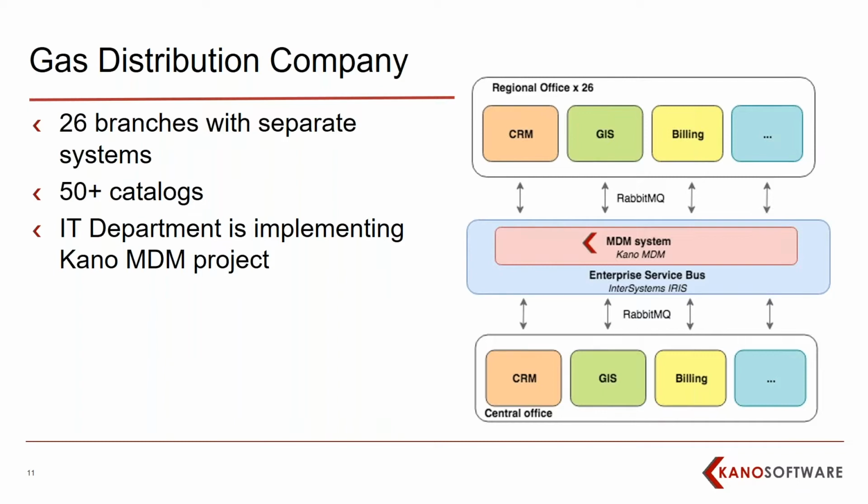Their strategy is to rely heavily on their internal IT staff to implement the MDM solution using our product. In this scenario, IT specialists, after initial training, can connect the applications to CAN-MDM themselves without any development efforts.